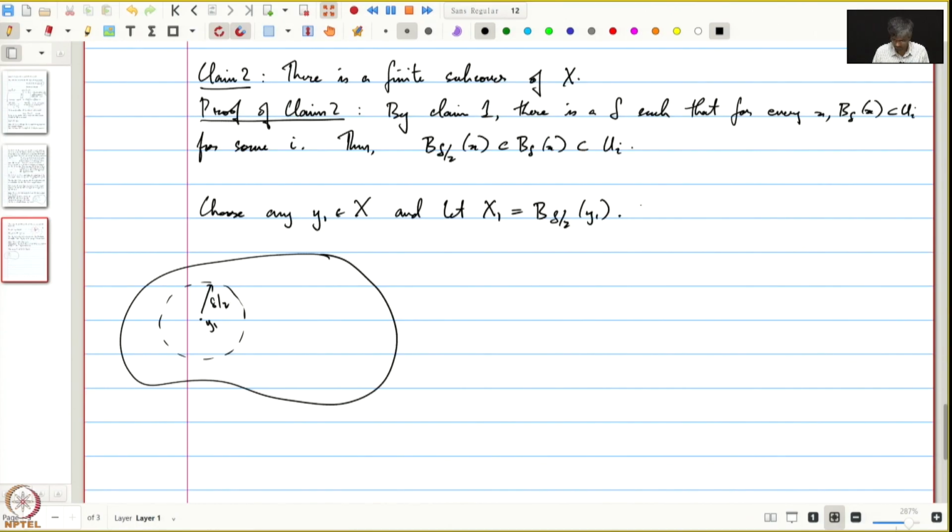So now choose y2 from X minus X1, right? So we can choose any y2 over here which is not in this ball, and this is y2, and we take the ball of radius delta by 2 around y2, right? And let X2 be equal to B delta by 2 y1 union B delta by 2 y2, right?